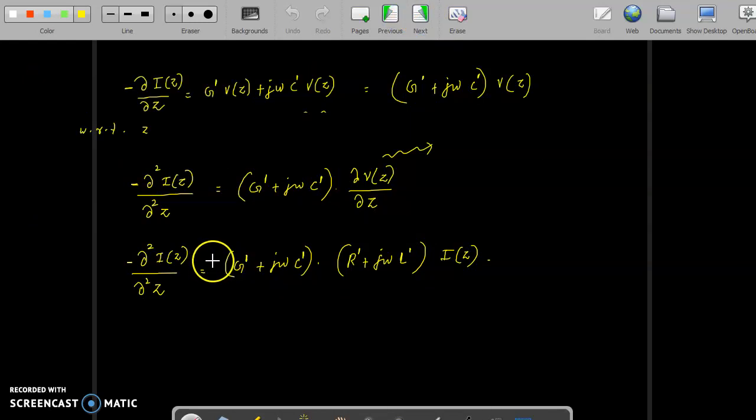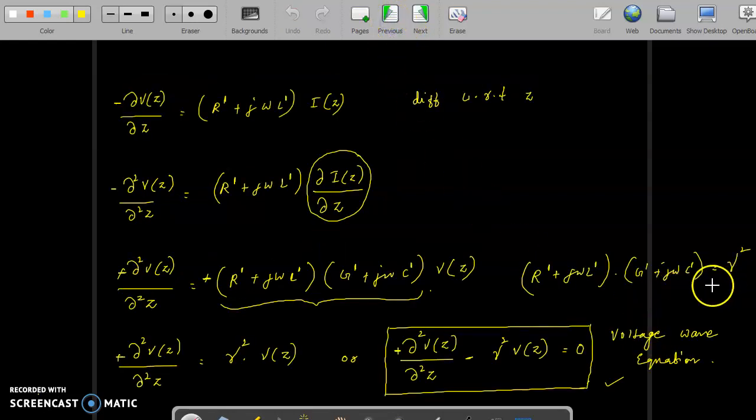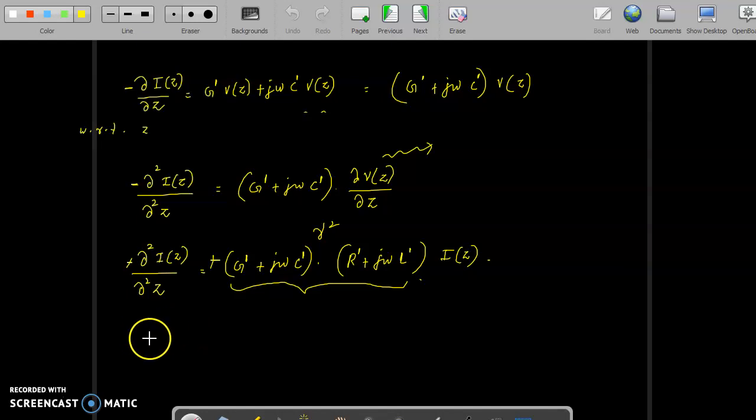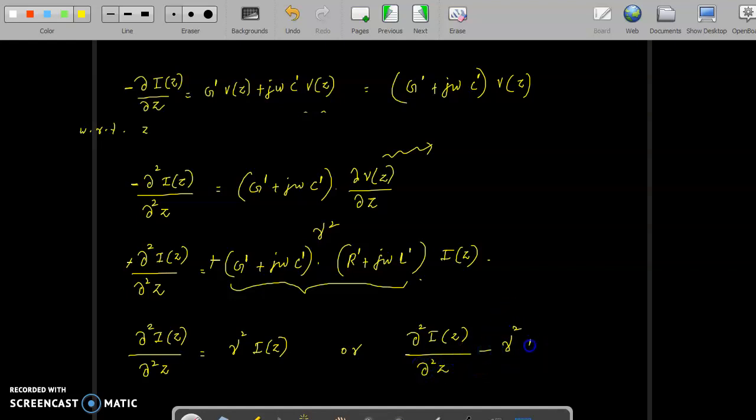Again a minus term comes here, so these two cancel and it becomes plus. Now this is gamma square, the assumption we have taken. Now we can rearrange this as gamma square times I of z, or d squared I of z by dz squared minus gamma square I of z equal to 0.